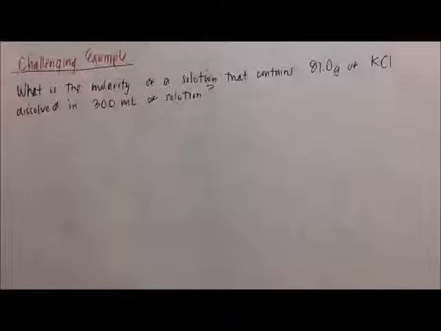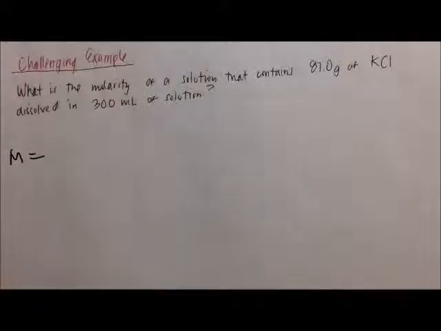Here we have our challenging example. This one's going to require a couple more steps, but it's actually not too bad. What is the molarity of a solution that contains 87.0 grams of potassium chloride dissolved in 300 milliliters of solution? The first thing we always have to do is start off with our molarity formula.